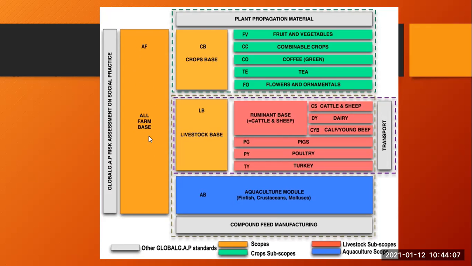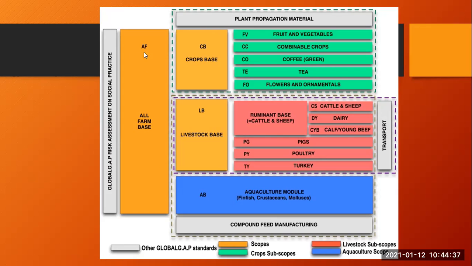So this means that this requirement is applicable to every sector of production or every sector of operation which is covered by GlobalGAP. And it means that whether you are a crop producer, whether you are a poultry producer, whether you are producing tea or coffee, the requirements under all farm base must be met.